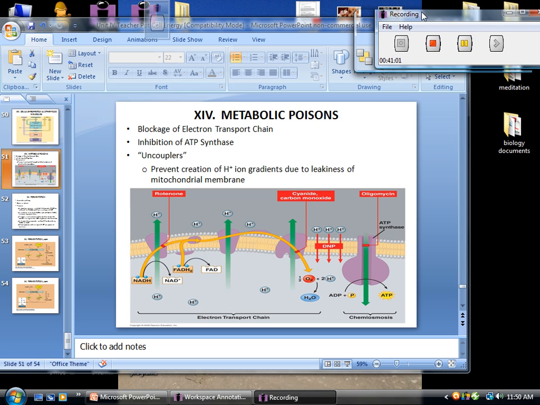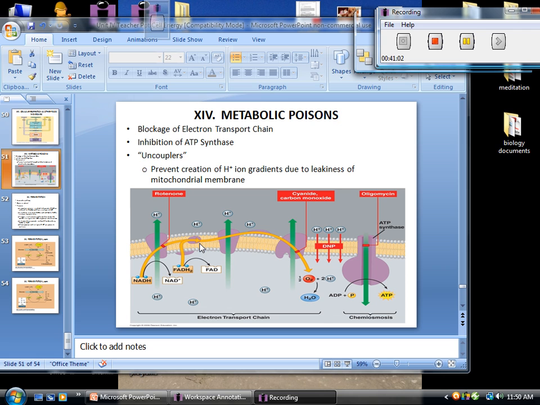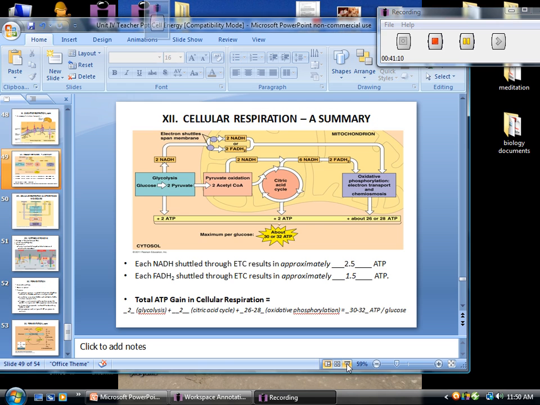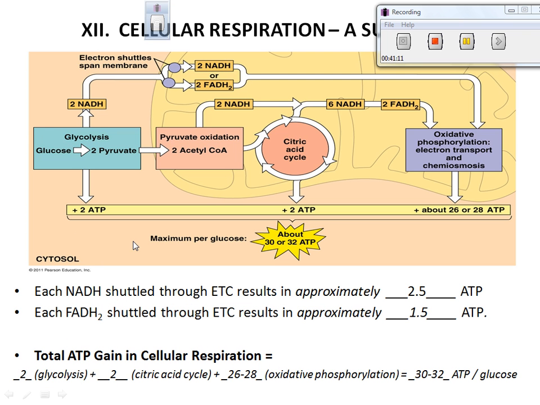Okay, now one thing I wanted to mention on this slide is there's been a debate as to exactly how many ATP can be generated for one glucose molecule. It's still one of those things that they're debating even now. A lot of it has to do with, I think, 3 different mechanisms that they look at. One is there's still some debate as to when the hydrogens are pumped through an ATP synthase.